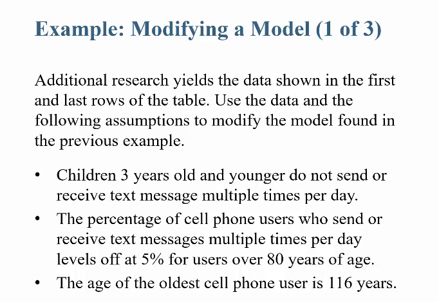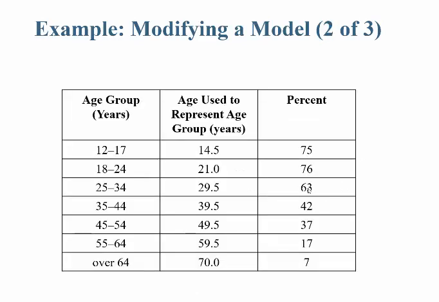Children 3 years old and younger do not send or receive text messages multiple times a day. So if you're younger than 3, you're not sending text messages. The percentage of cell phone users who send or receive text messages multiple times a day kind of levels off at 5% for users over 80 years. And the age of the oldest cell phone user is 116 years.